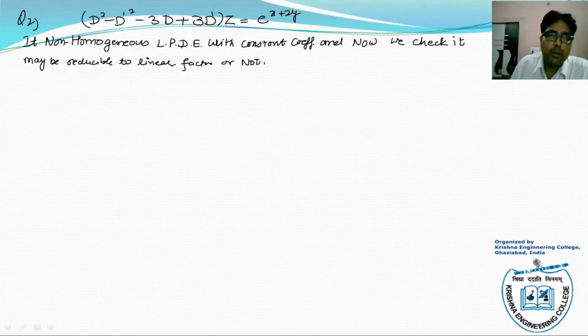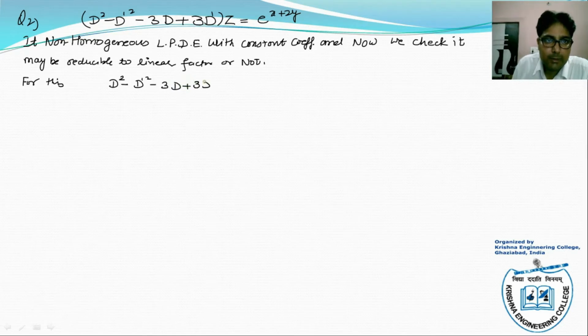So for this we take D square minus D dash square minus 3D plus 3D dash, z equal to 0.